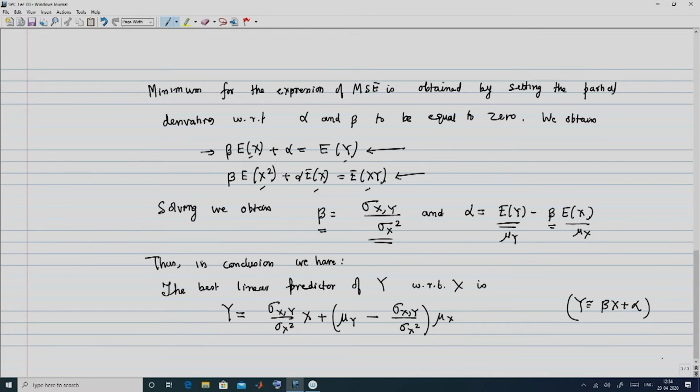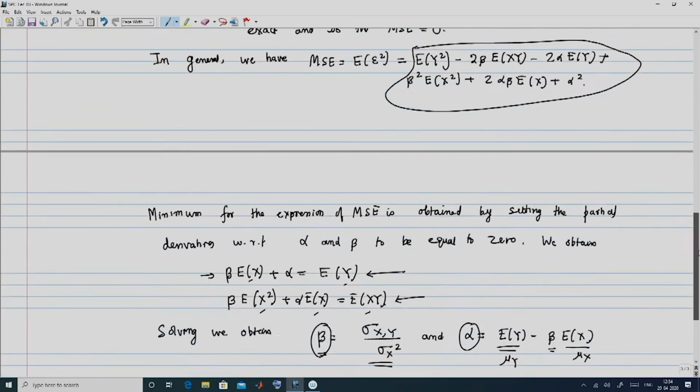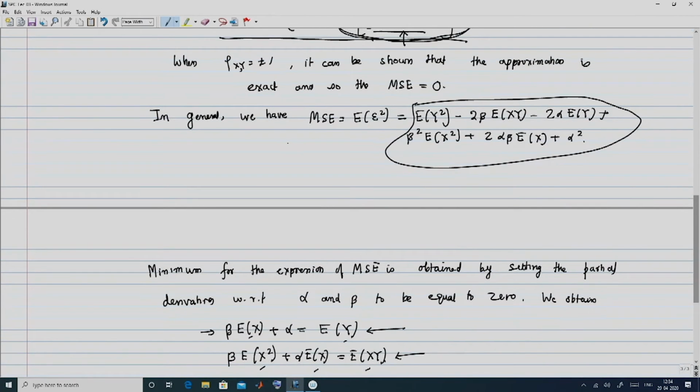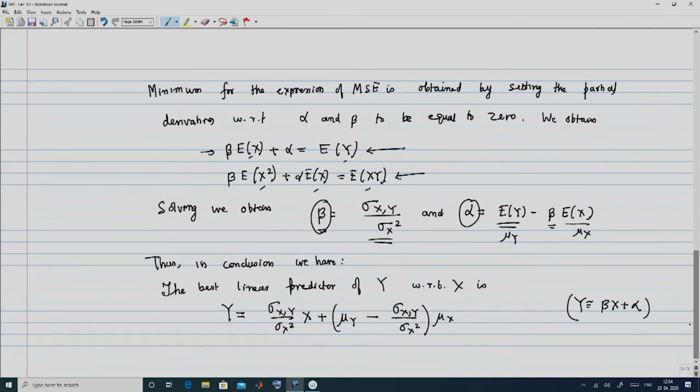And so, if we use these particular values of alpha and beta and substitute them in our mean square error, then the minimum mean square error is going to be E of epsilon square.